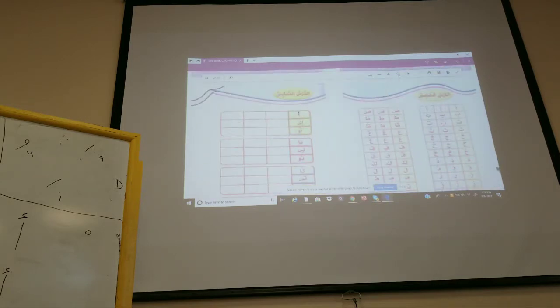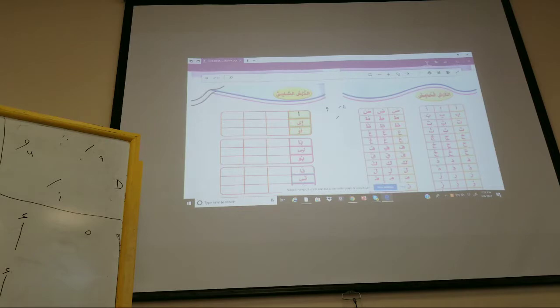And then we have the vowels. There's 3 vowels: 1, 2, and 3.